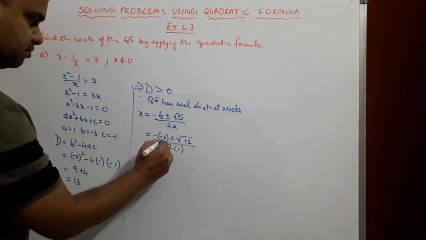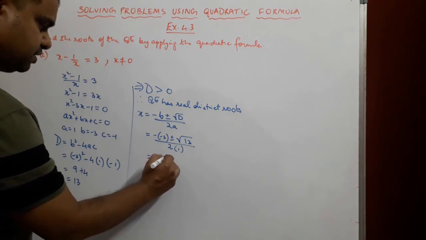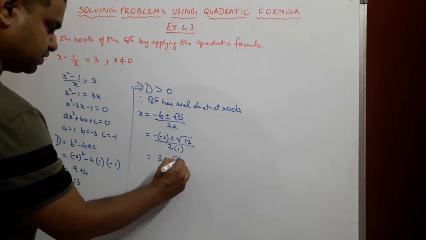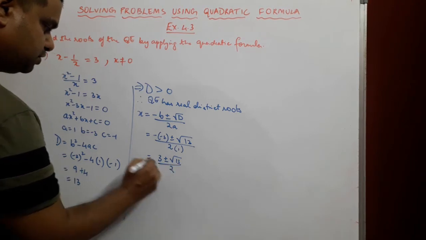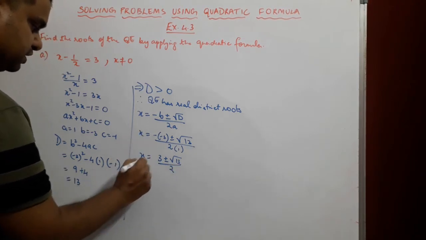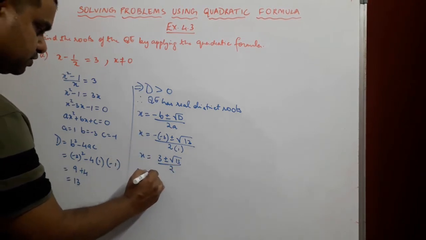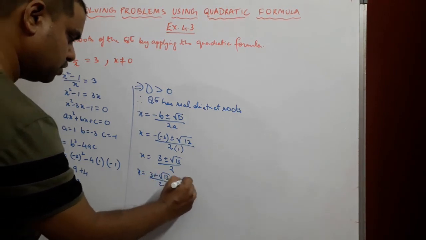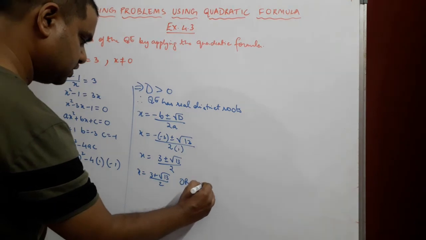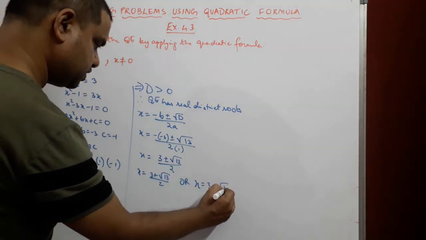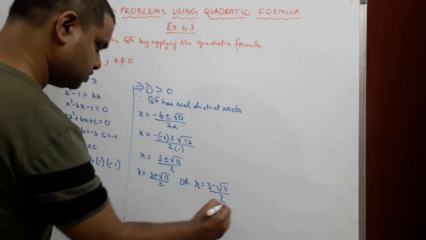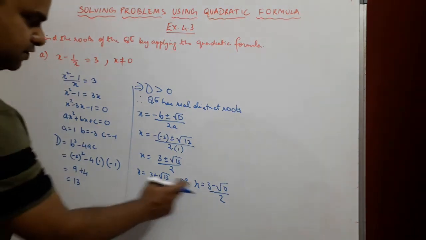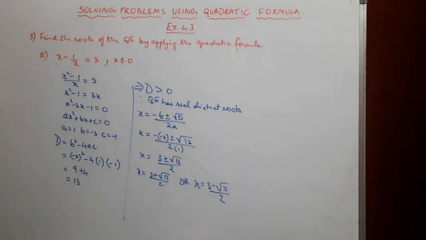So minus into minus will give us positive 3 plus or minus square root of 13 whole thing upon 2. So this is the value of x, which means we can write x equal to 3 plus square root 13 whole thing upon 2 or x equal to 3 minus square root 13 upon 2. And that means we get two distinct roots for this quadratic equation.